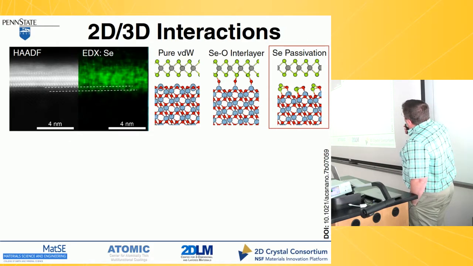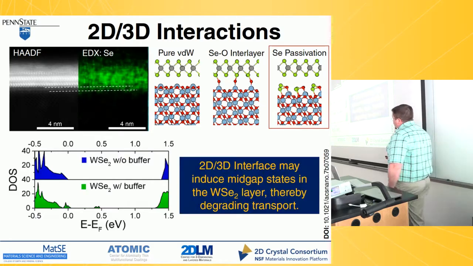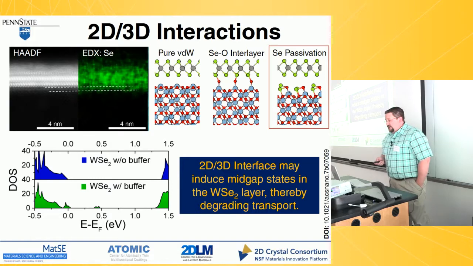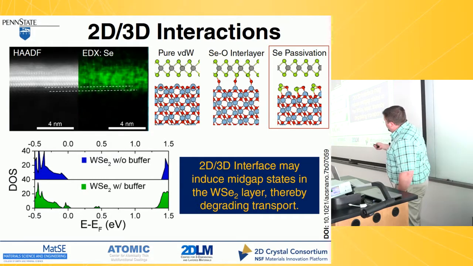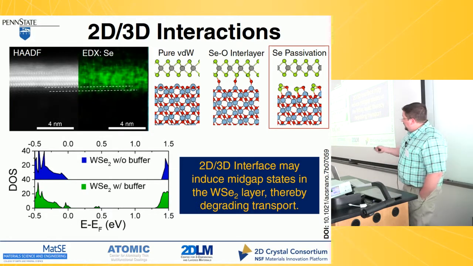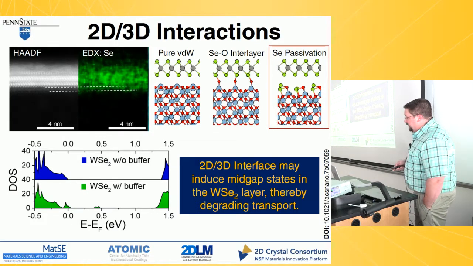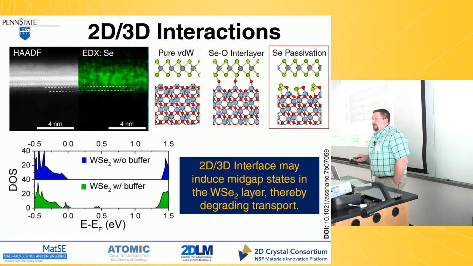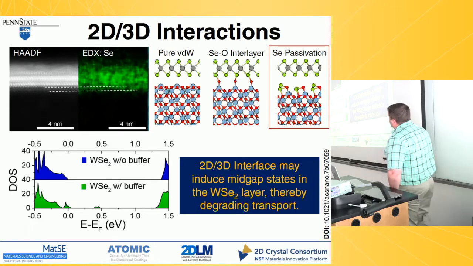And when we look at this, what we find in the density of states, you can see where the Fermi level falls. We get these peaks in the density of states, the Fermi level falling within the valence band edge, or a new defect state showing up here. So that can lead to some scattering. That can lead to some mobility reduction in the material.